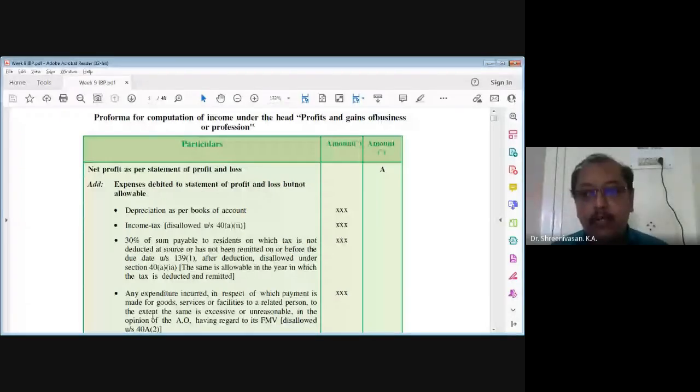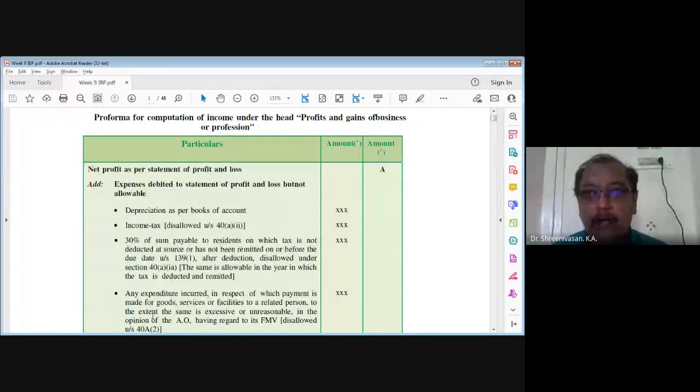So we always have to start out with the net profit as per the statement of profit and loss account, the net profit or the loss. That's the starting point of computation of your income from a business or profession.